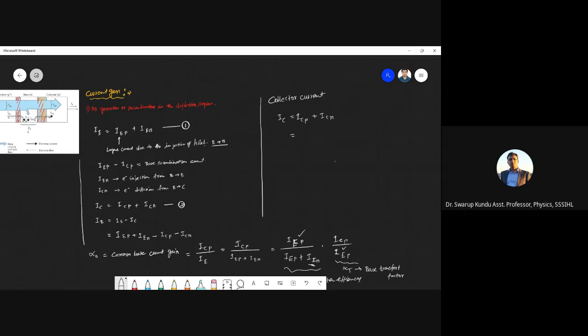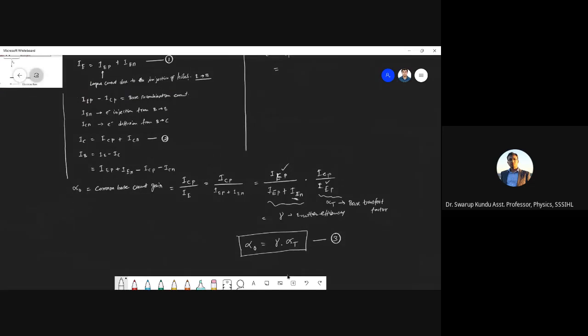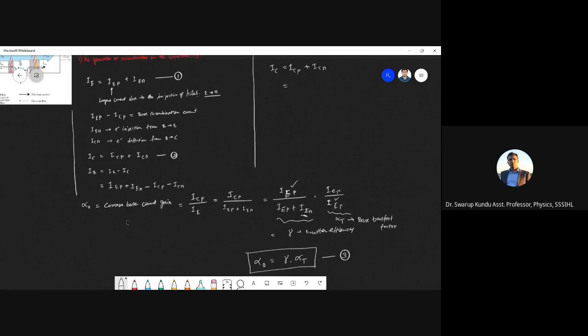Now we can write down ICP from this equation 3. So alpha 0 we have written, right? This common base current gain is ICP by IE. This is equation number 4 if you define it.